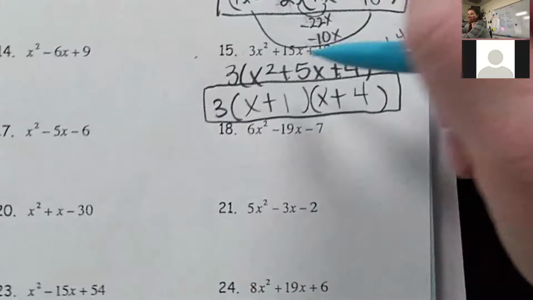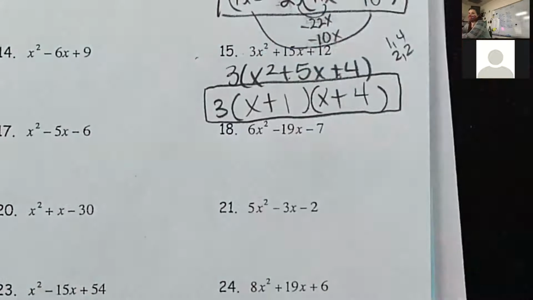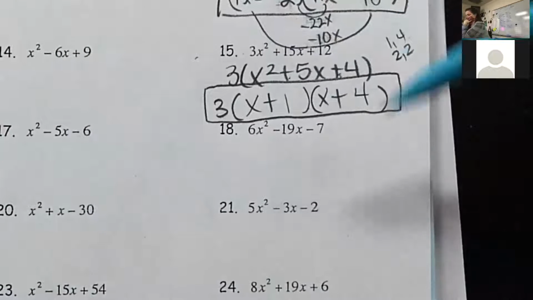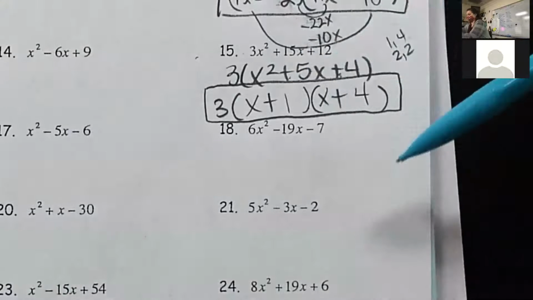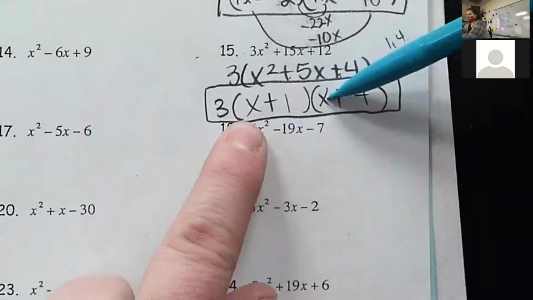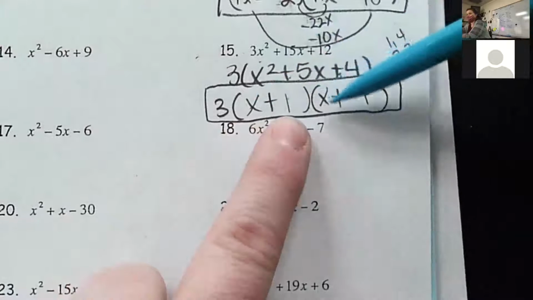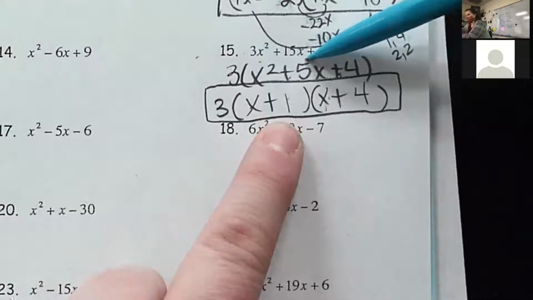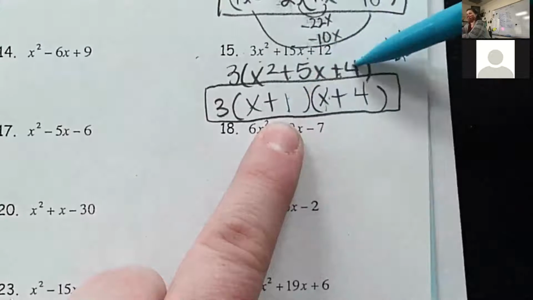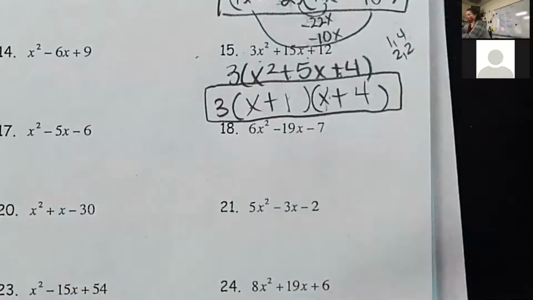Looked like it was gonna be a hard problem. Wait, but if you took the outside by each other, wouldn't it be 4x times 4x? Like, x, first times first, x squared. Then you have a 4x and a 1x, which makes a 5x. And then last times last gets me back to where I want to be.